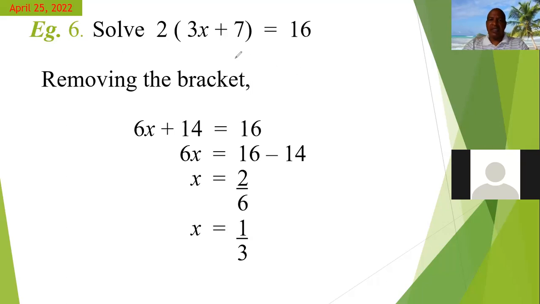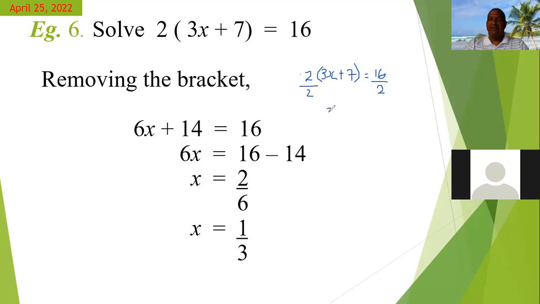So if we take the other approach, meaning that we're treating the brackets like an unknown, whatever is beside the bracket, we're going to consider that it is multiplying the entire bracket. And so we have to divide both sides by whatever is multiplying the brackets to get rid of that number.